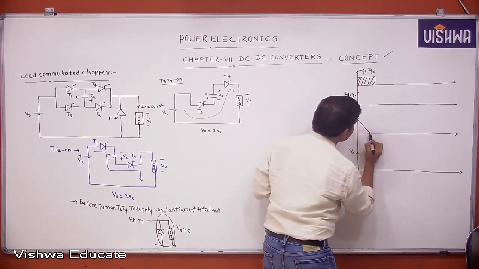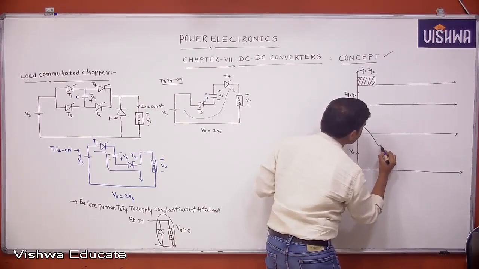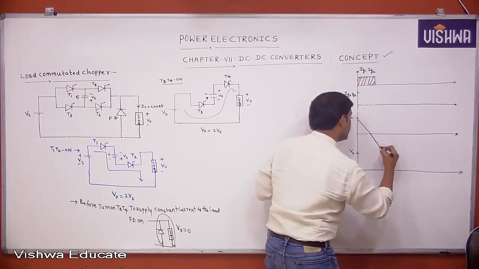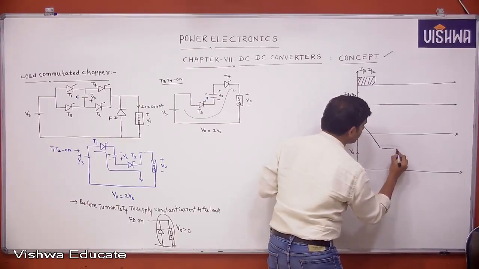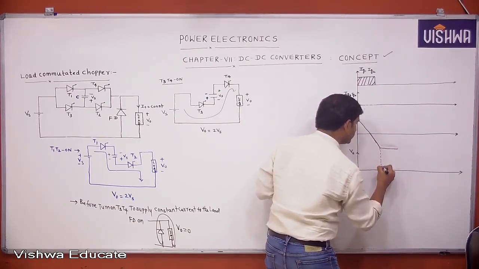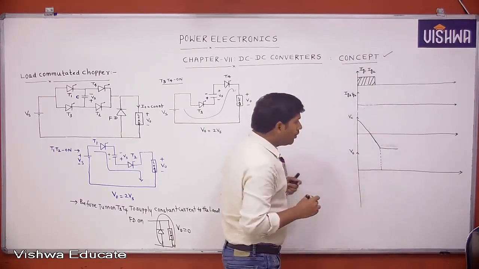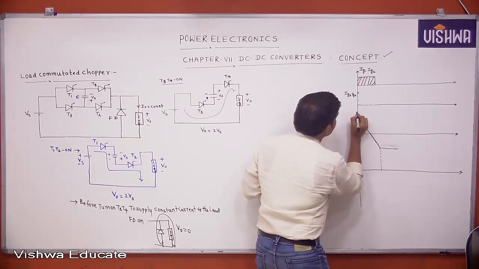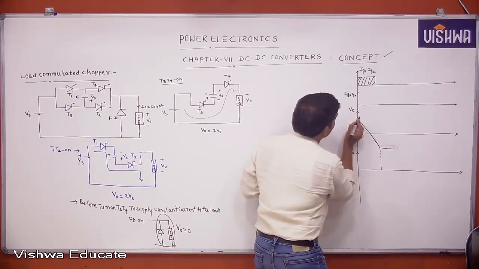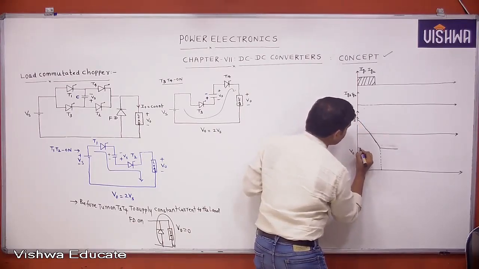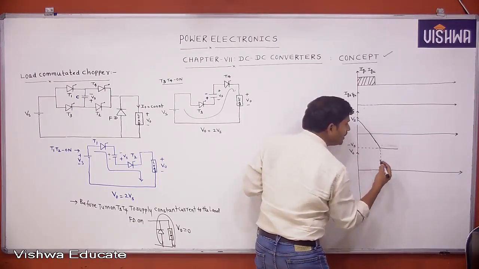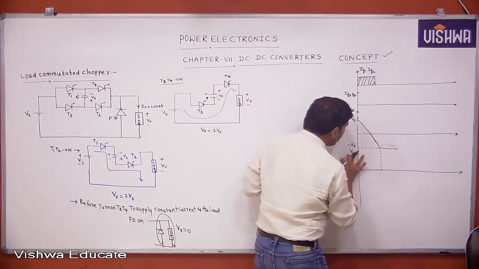Initially it is plus Vs, then it changes from plus Vs to minus Vs. Once the capacitor has changed completely to minus Vs, then T1, T2 will be turned off. When T1, T2 are turned off, the freewheeling diode will be on.